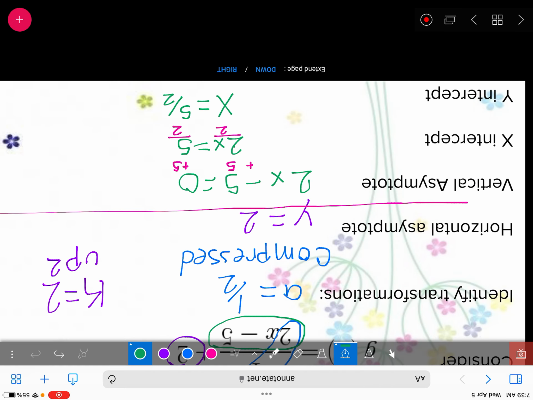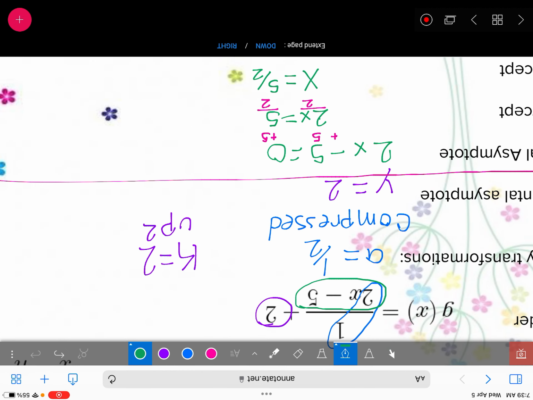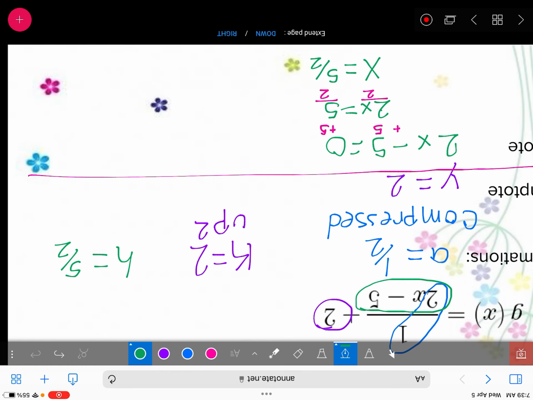That is our vertical asymptote. The vertical asymptote is also our h value. So h is 5/2, which means it goes right 2.5 or 5/2.